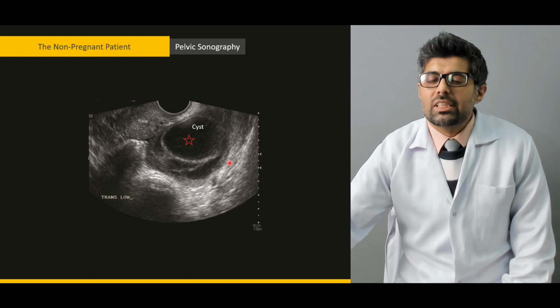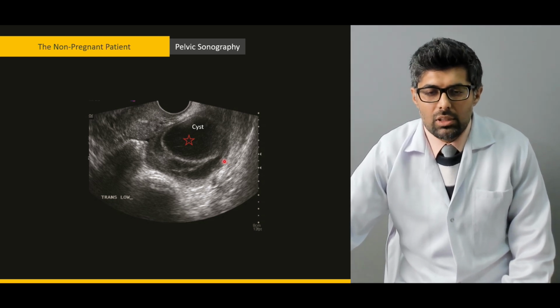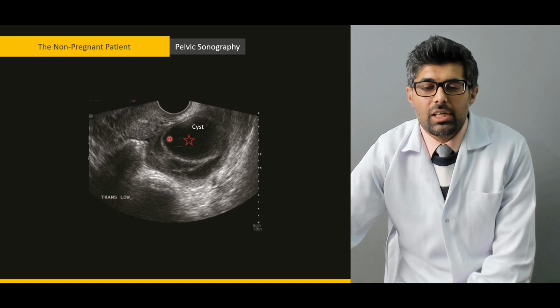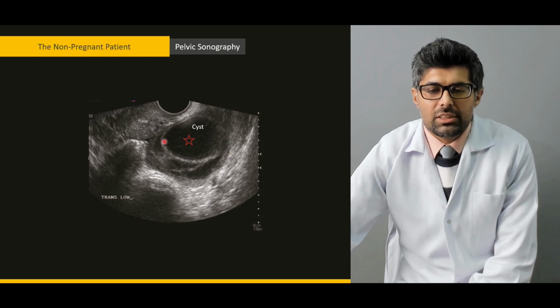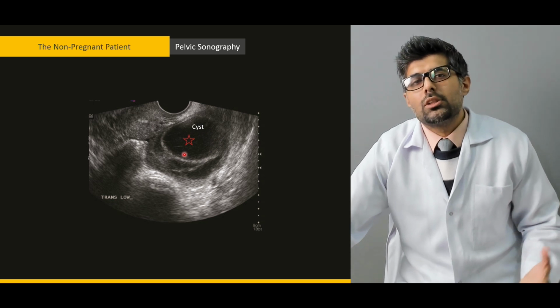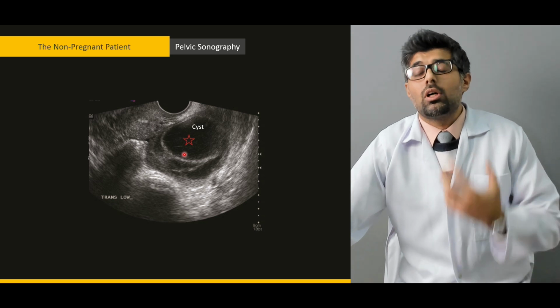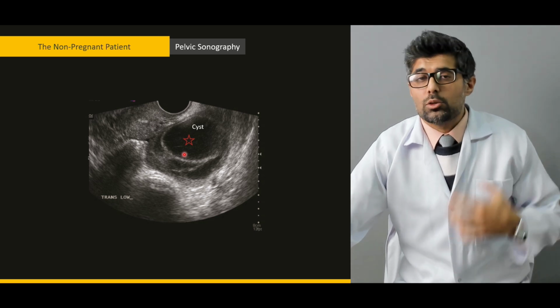Now, this is an example of fluid inside the uterus. This is the endometrial cavity, and this one is the cyst. So, in non-pregnant patients, one of the commonest findings you might encounter on an ultrasound is the presence of fluid.